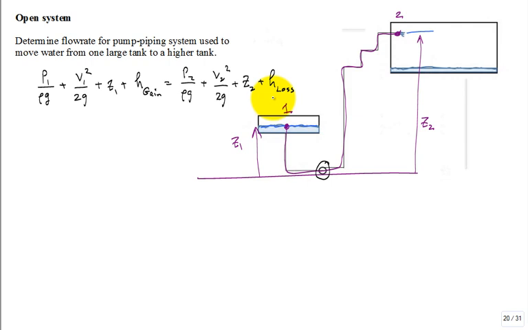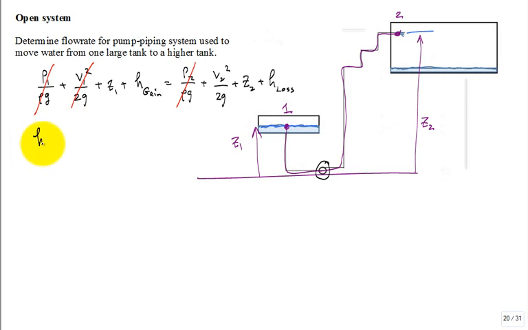Did I write it correctly? Is that okay? Okay, let's say, what about the pressure at 1 and the pressure at 2? Both look like atmospheric pressure discharging. What about V1? Large diameter tank, so negligible kinetic energy at the surface of the tank. And then we have the head gain due to the pump.